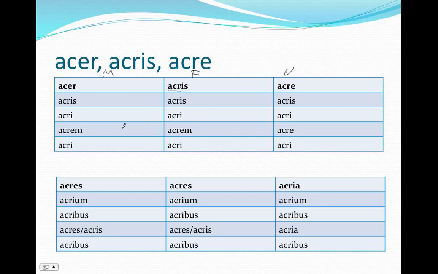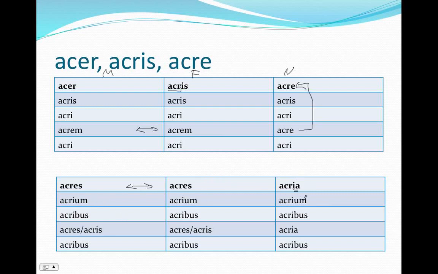Remember, with third declension nouns the masculine and feminine decline the same, but the neuter, acre, goes back to the nominative form. With I-stems the ablative ends in I, so acri, acri, acri. In the plural, acres, acres, and the neuter acria, because it's an I-stem.